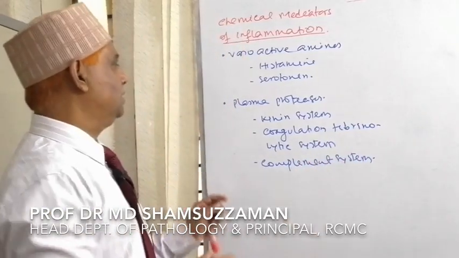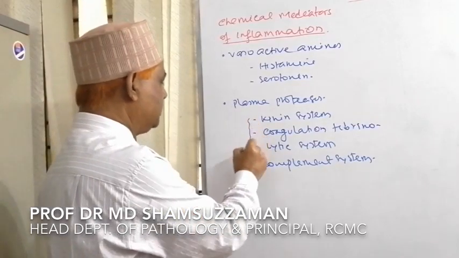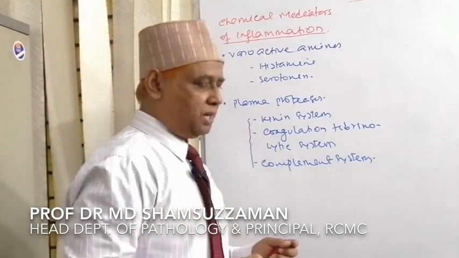Respected audience, these are the plasma proteases. These are present in our plasma as inactive form. They become activated in acute inflammation.